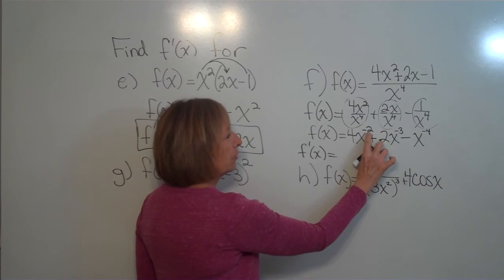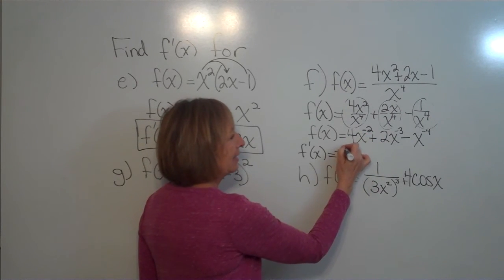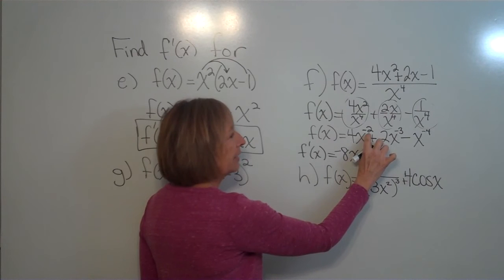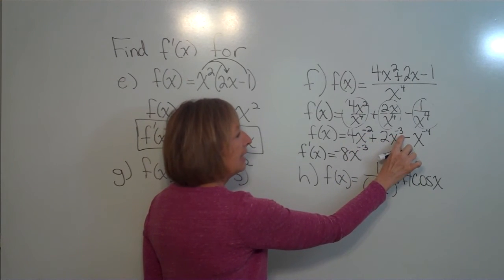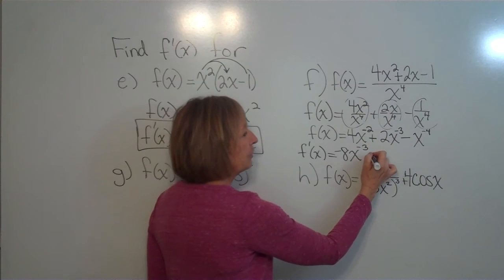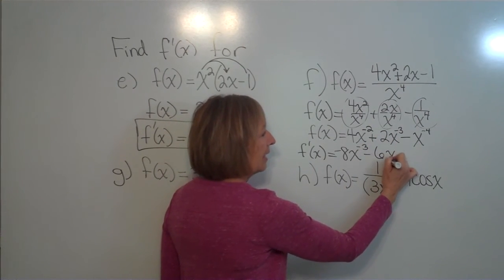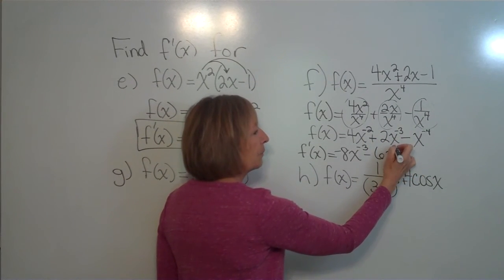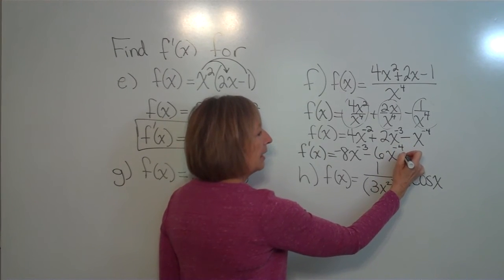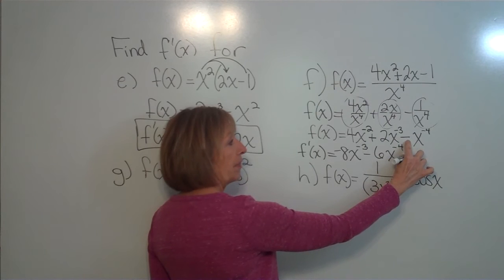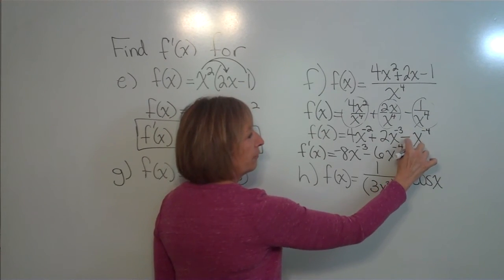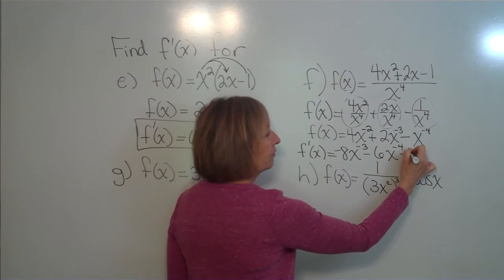And the first term will give me a negative 8. X to the negative 2 subtract 1 is negative 3 power. And then negative 3 times positive 2 is a negative 6. X to the negative 3 minus 1 is negative 4 power. And then negative 4 times negative 1, think of that in the front, so negative 4 times negative 1 is a plus 4.